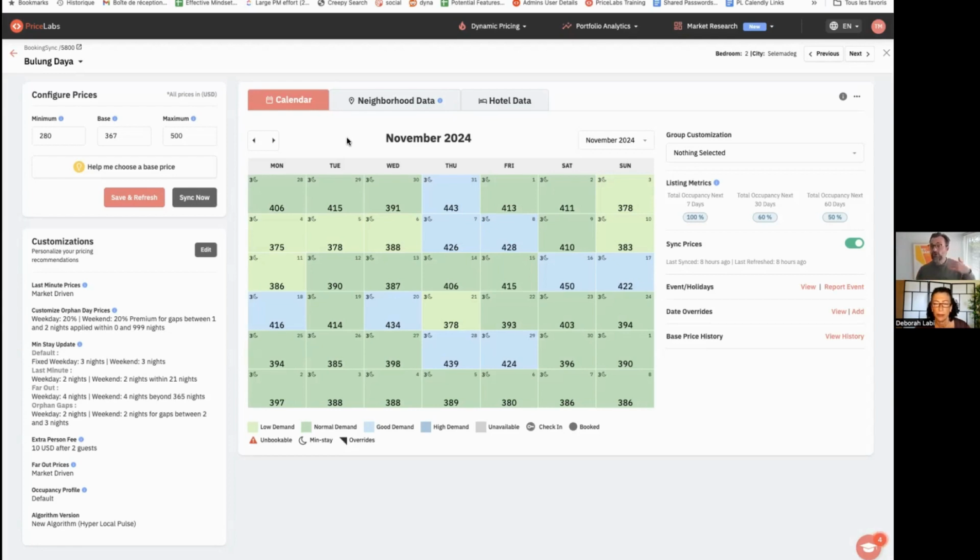Again, that's automated, so I don't have to do anything. I do this setup, and whenever there are two bookings and there's demand for 4 or 5 nights, the calendar will open up and add, for example, 20% more premium to cover the cost. So in the end, I'm happy because I'm still doing things in a profitable manner.